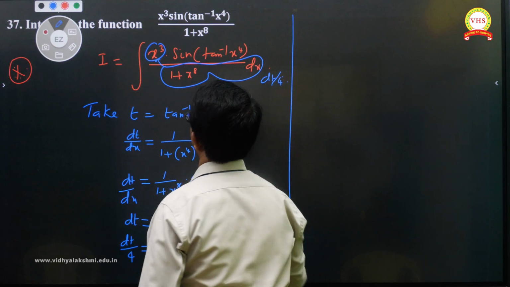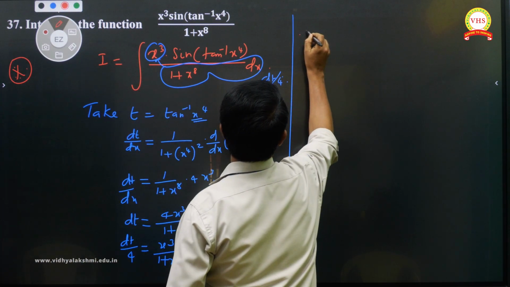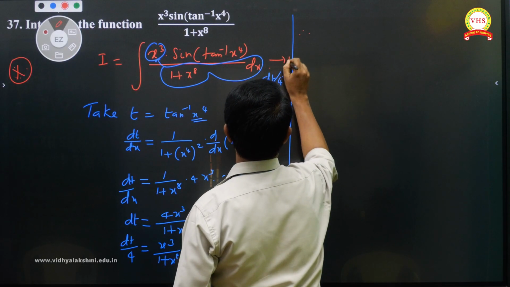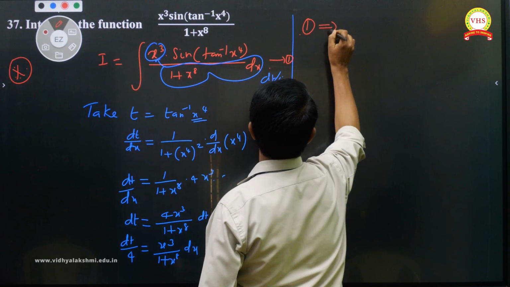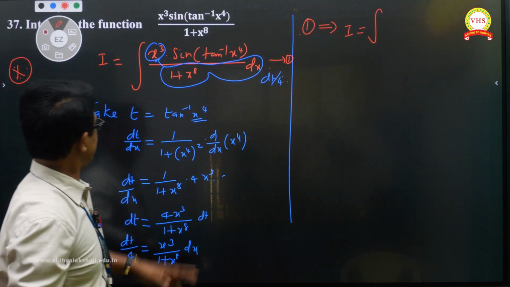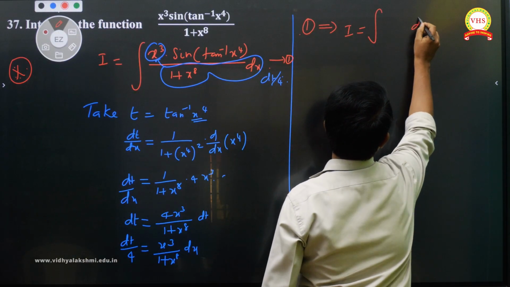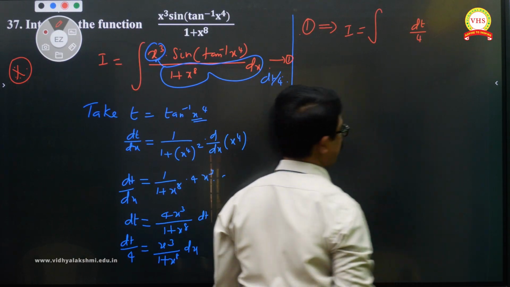Now the integration becomes, equation 1 becomes I equals the integral of x cube divided by (1 plus x power 8) dx, which is simply changed to dt by 4.